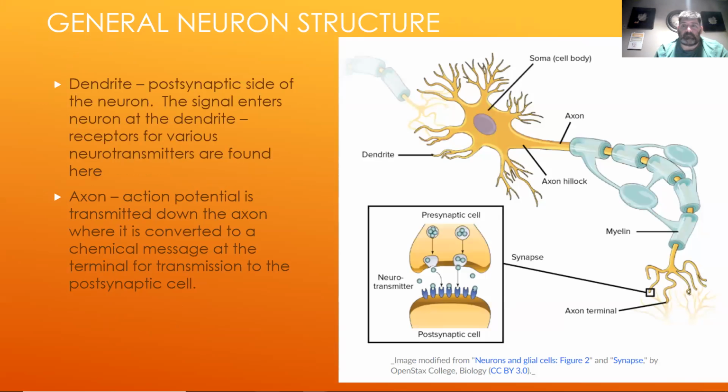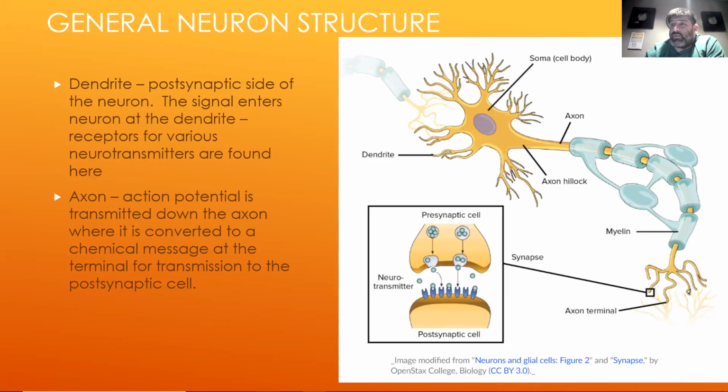So this first slide here showing a neuron is showing us what we would typically refer to as a multipolar neuron. And I'm going to save what that is because I just want to talk about the structures that we see here. At one end of this neuron, we see these many branches. And these are called dendrites.